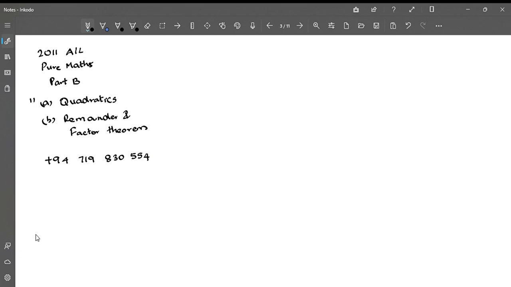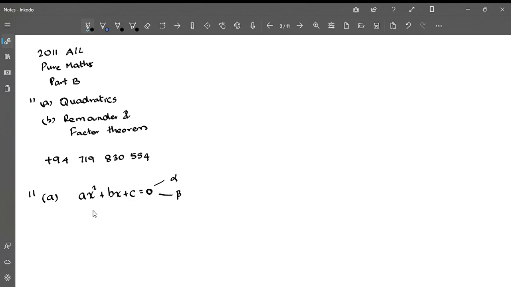Okay. Question 11a. Let alpha and beta be the roots of the quadratic equation ax squared plus bx plus c equals 0. This is a quadratic equation where the two roots are alpha and beta.